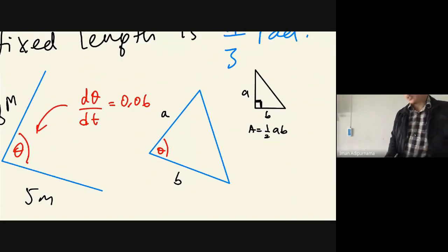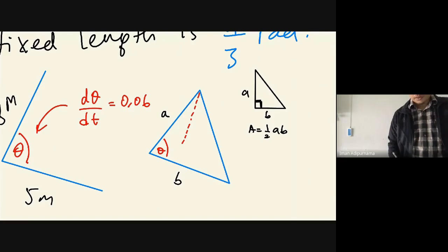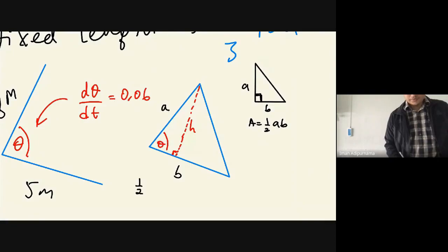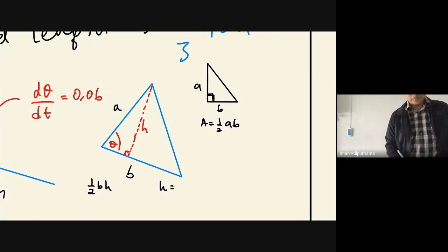But this is not a right triangle, so you need to make a cross cut here, making this 90-degree, and this is the height. It's still half the h, but h we can develop from sine. Sine theta is h over a, so h is a sine theta.